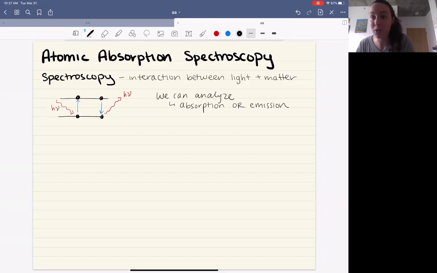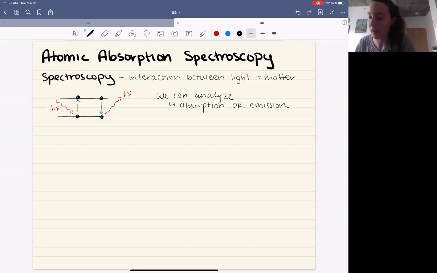If you have molecules, you might be more interested in looking at UV visible spectroscopy because molecules tend to absorb in that range. You can look at electronic transitions, or you could look at vibrational transitions, doing things like infrared spectroscopy.